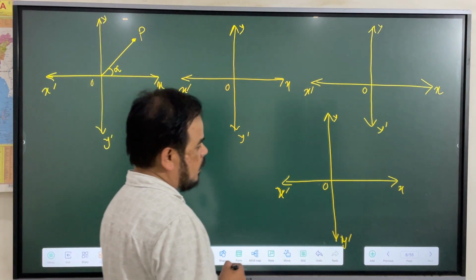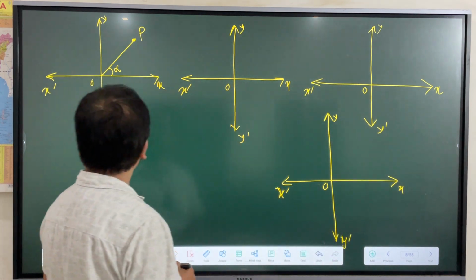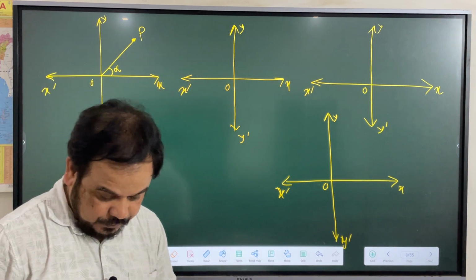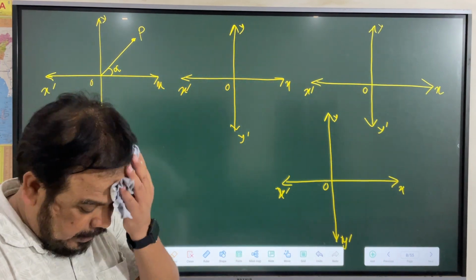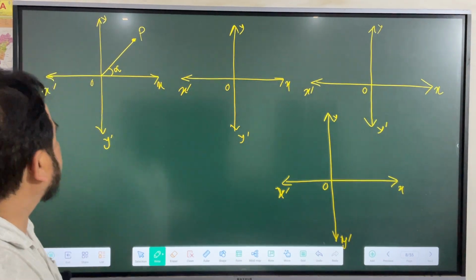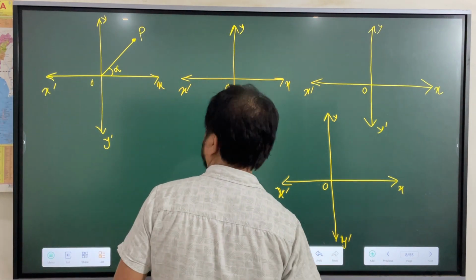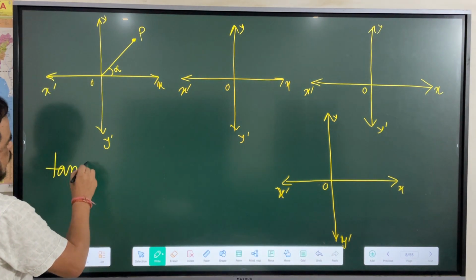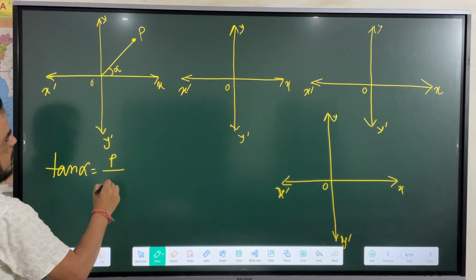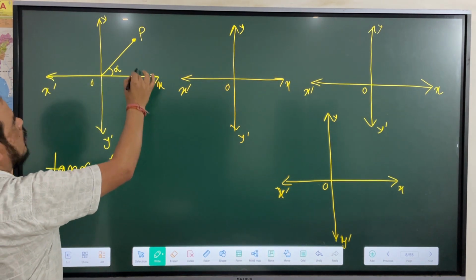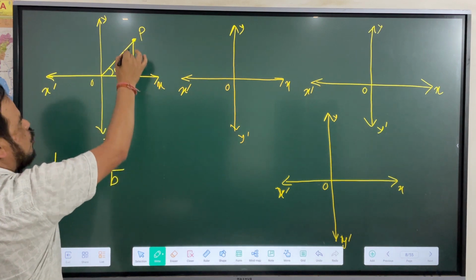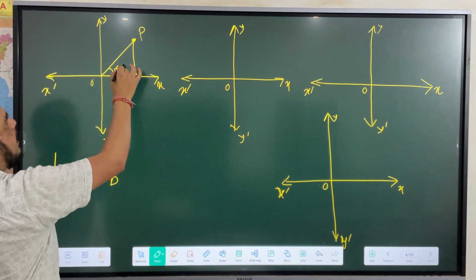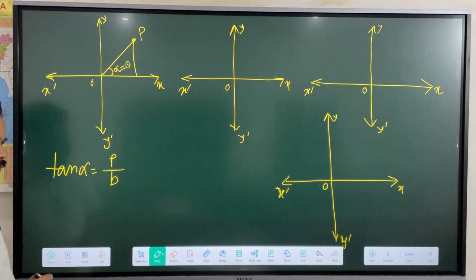Now this alpha we can find out directly because it is always positive already. In the first quadrant, tan alpha, if we want to find out, is perpendicular by base, this is perpendicular, this is base, so this will be positive, this will be positive. So whatever we get, the value of alpha and theta same.